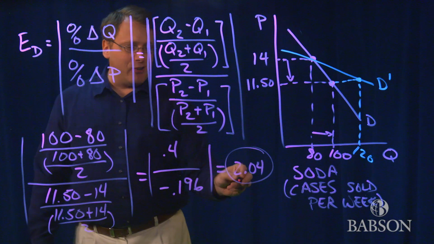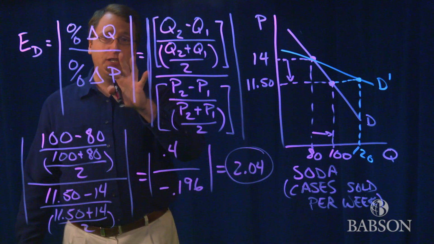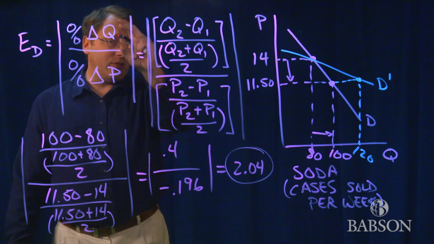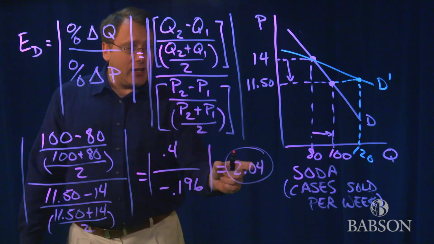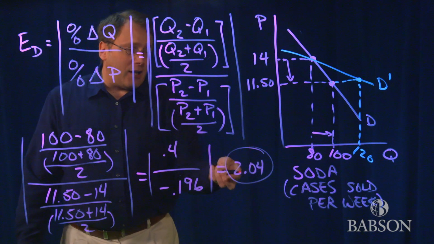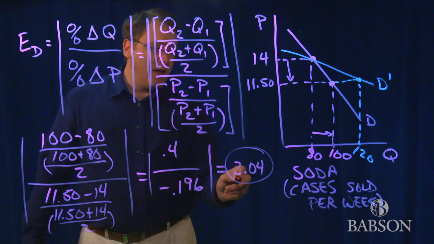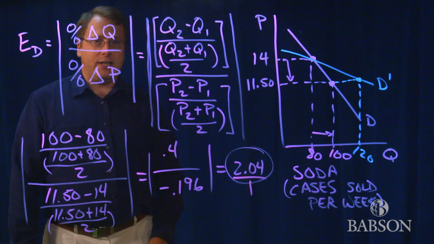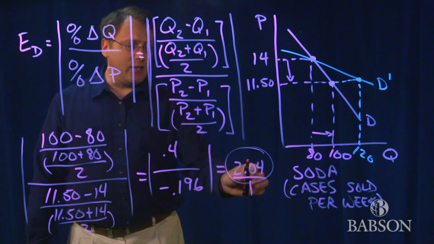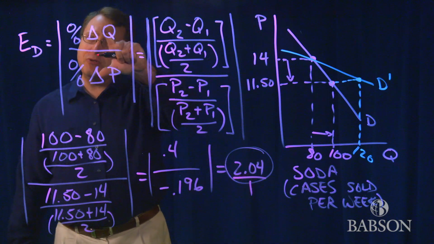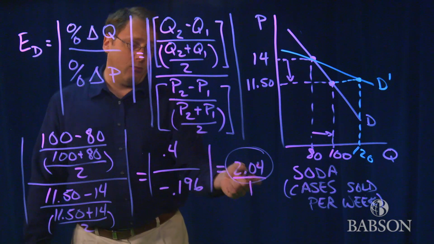Now, what does this number actually tell us? Right? It's important to kind of recognize what's going on here, that these are percentage changes in quantity and percentage change in price. And so here we're talking about this as 2.04. One thing I always like to do when I consider something that was originally a fraction is consider, well, what if it looked like this? It was 2.04 divided by 1. Well, now we can talk about this and interpret it using where we started. So the percentage change in price is, say, 1 or 1%.